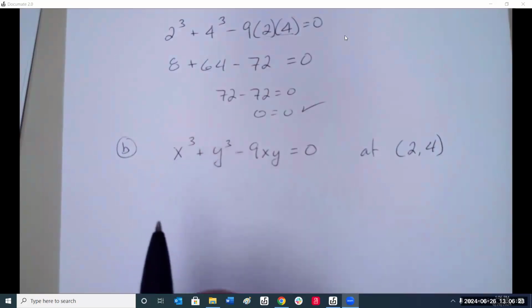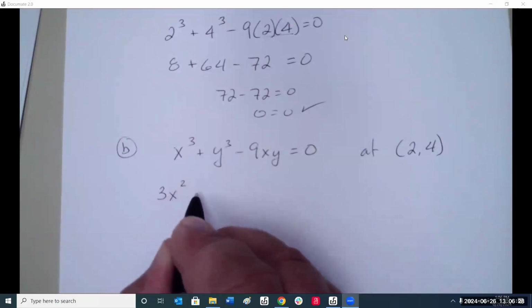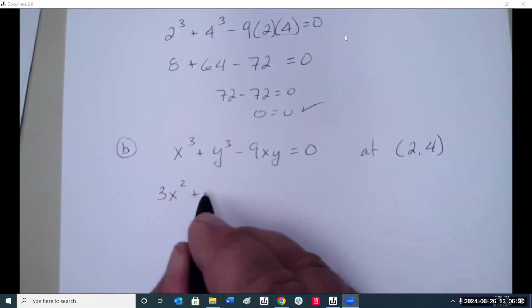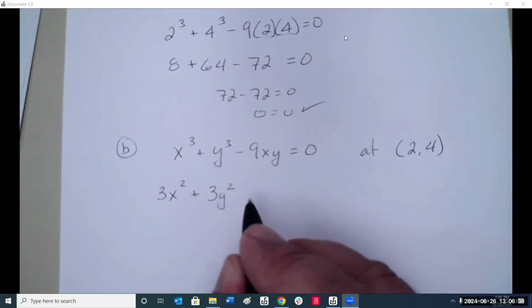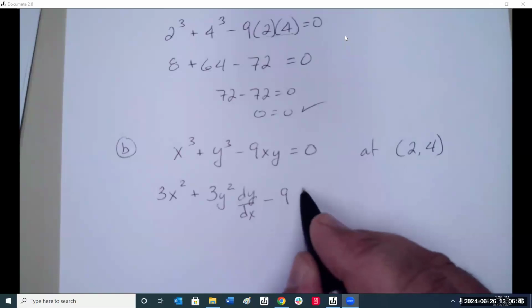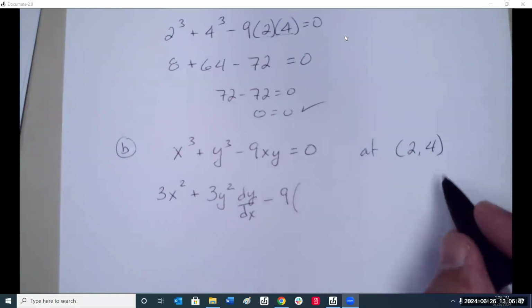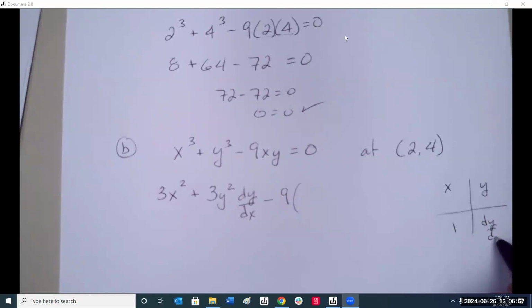The derivative of x cubed, 3x squared. Derivative of y cubed, and minus 9. Now we have to do the product rule. Derivative of x is 1, derivative of y is dy dx.